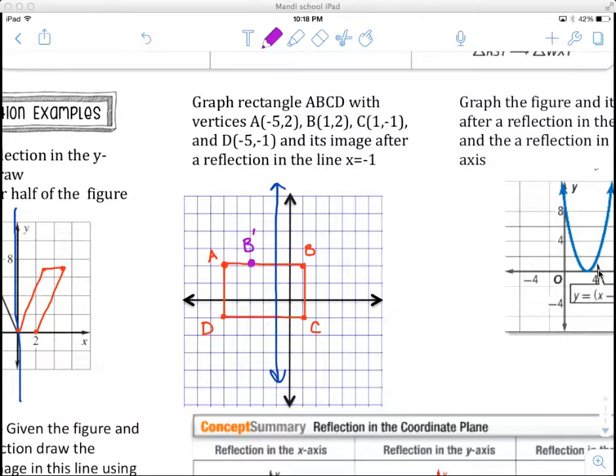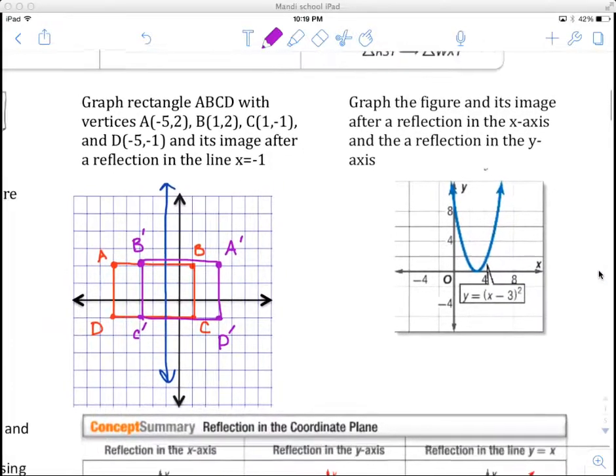From the line, we went left 4 to get to A, so we'd go right 4 to get to A prime. And prime just means that it's had one transformation that has happened to it. So this one will go back 2, and this one will go forward 4. And when we draw that in, we have reflected that over the blue line, the x equals -1 line.